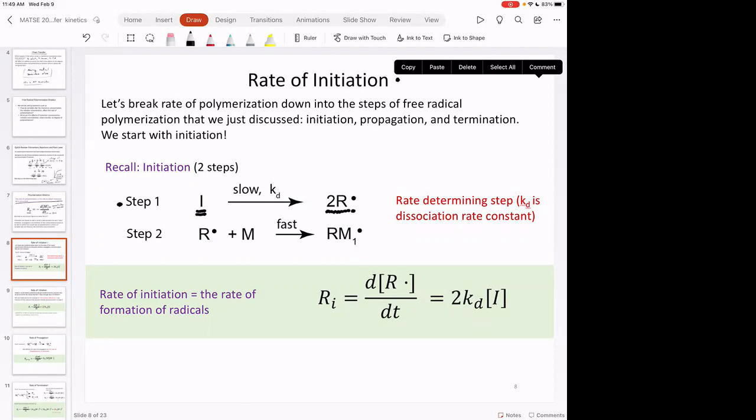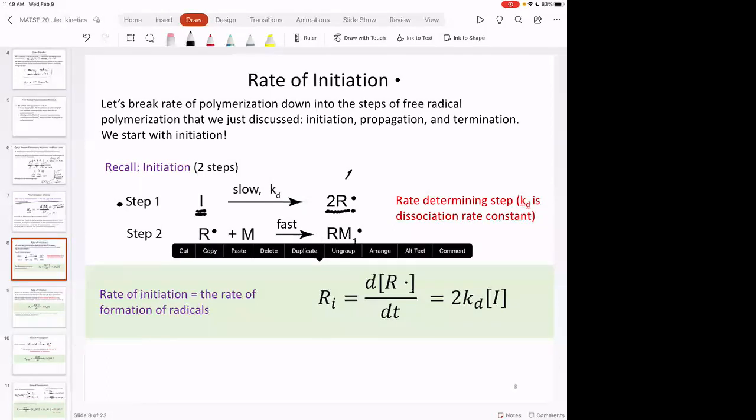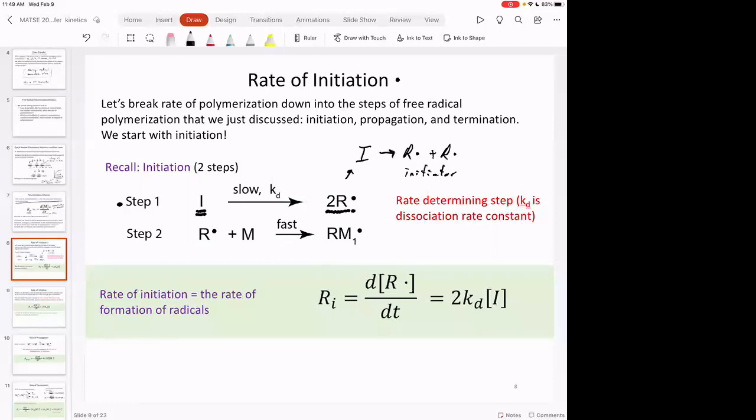We don't really call them I dot because we save I for the initiator itself, but the I basically breaks in half and you get R dot plus R dot. So initiator molecule forms 2 radicals. And you have to keep those R's separate in your mind from R1, R2, R3 for functional groups in organic chemistry, but that's what we're stuck with.